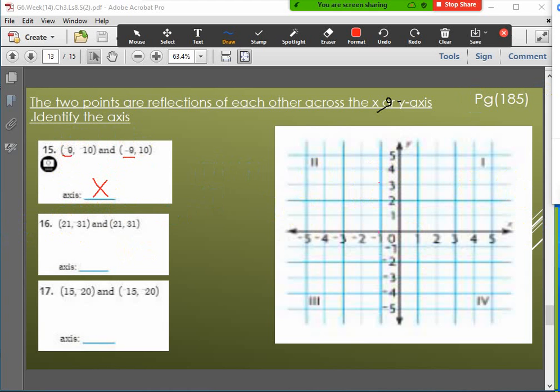Now the number 16. Who didn't answer? Saba, open the mic and tell me: 21, negative 31, 21, 31. What is the same coordinate here, X or Y? X, very good. 21 and 21. What is the line of symmetry here?